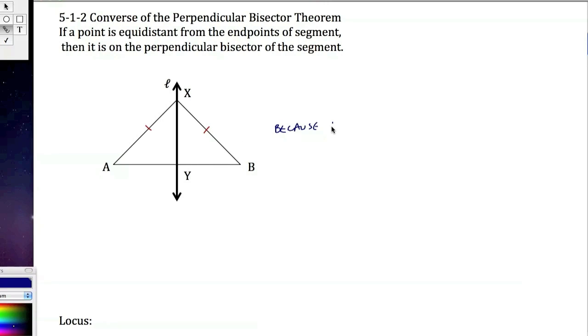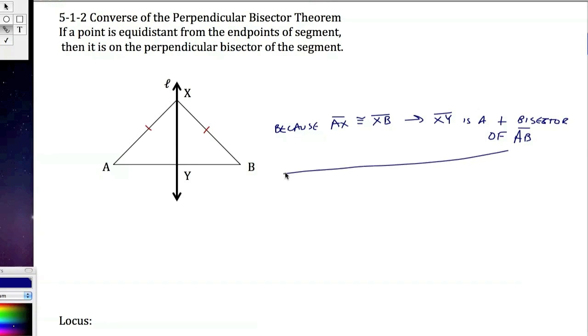So, because AX is congruent to XB, we can say that XY is a perpendicular bisector of AB, meaning perpendicular and bisecting. Okay?